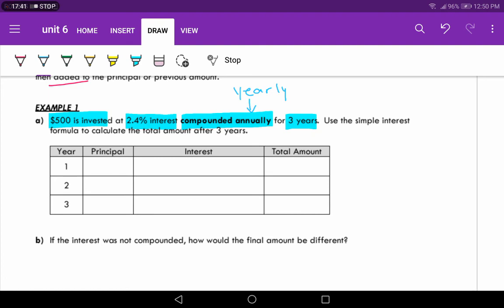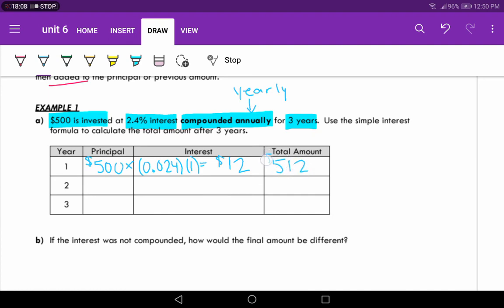So our initial amount that we invested, or our initial principal, is $500. To find the interest, again, we're multiplying. It's only been a year, so we're multiplying by 0.024 times 1, which means we're making $12. To find our total amount, we take our 500 plus our 12.